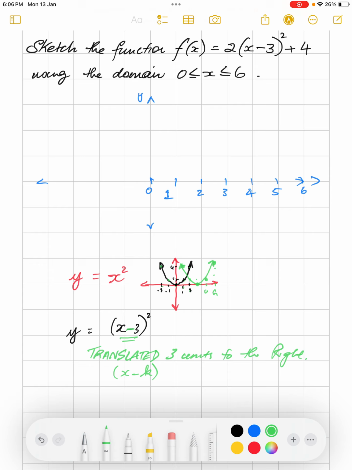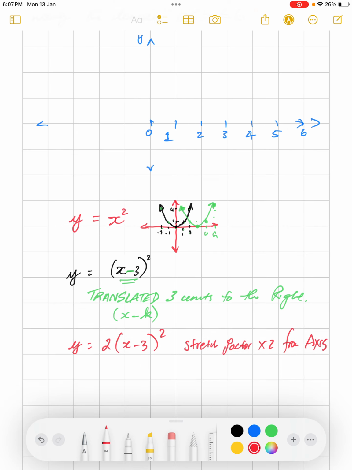Well, let's have a look at this double. A double is when we've got a 2(x minus 3) squared. That's like a stretch of factor 2 from the x-axis vertically, because it's doubled all our y values.